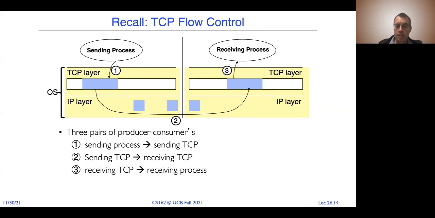The sending process sends the data to the operating system, where it is buffered in the TCP layer. The operating system uses the IP layer to chop the data into packets and send it to the receiver operating system. The receiver operating system puts the data it receives in a buffer, and from this buffer delivers the data to the receiving process.